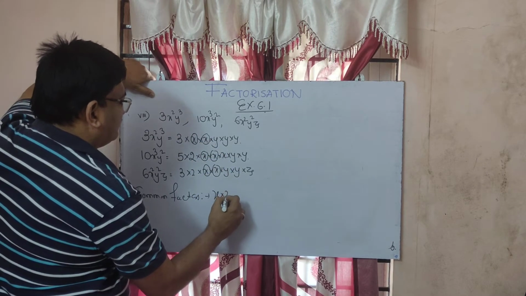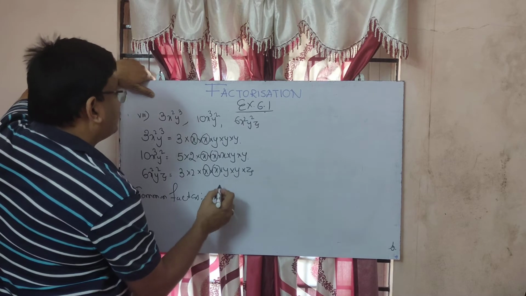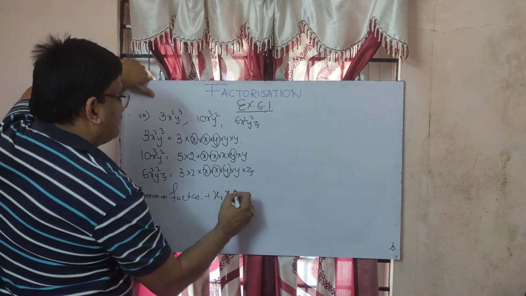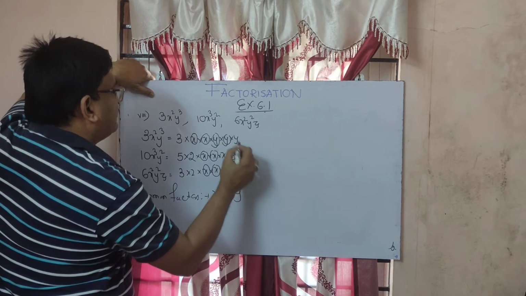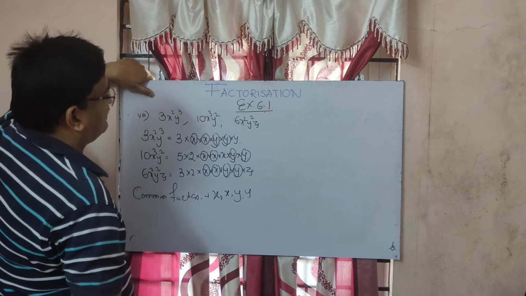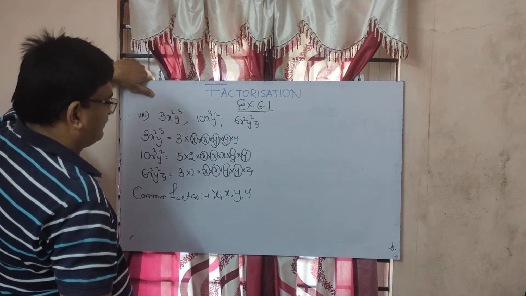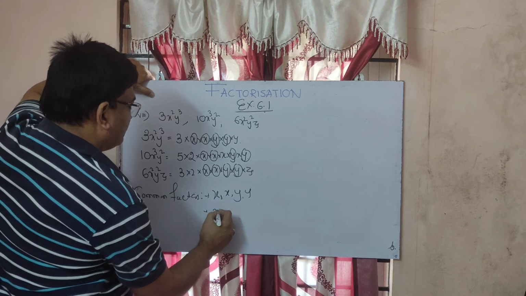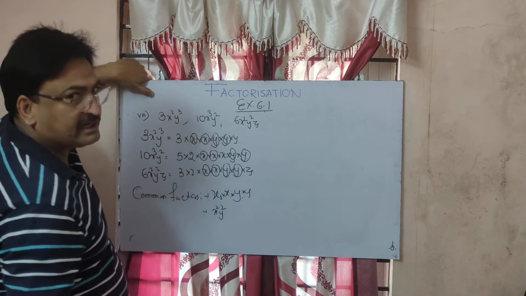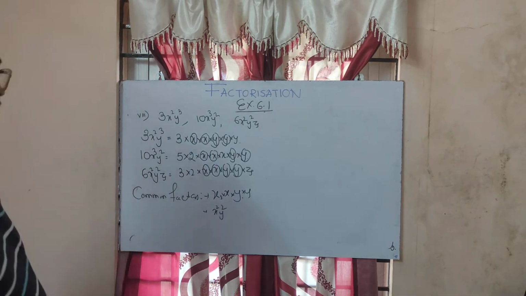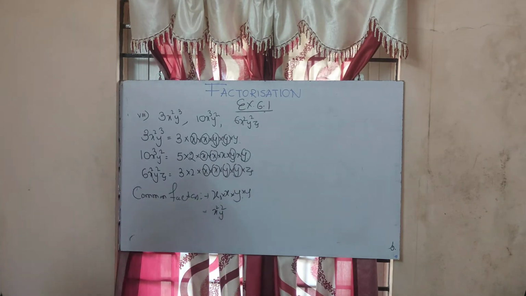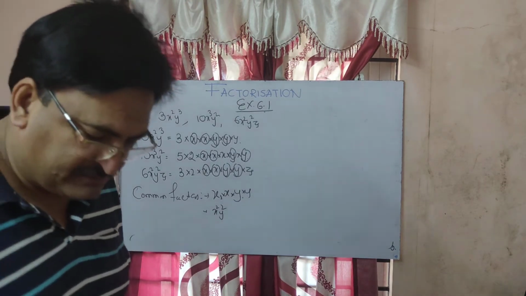And y will be there in all, another y will be there in all. Other than these there will be no other factors. So the common factors you can write are x square and y square.